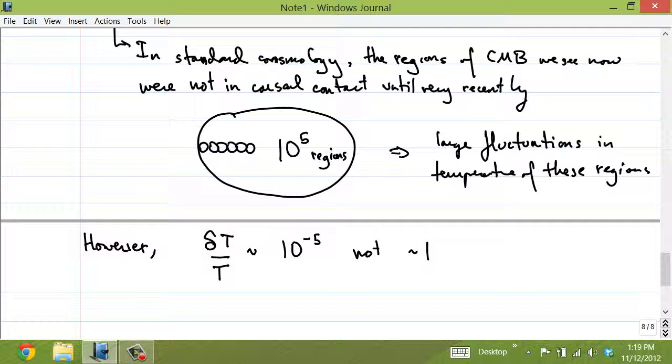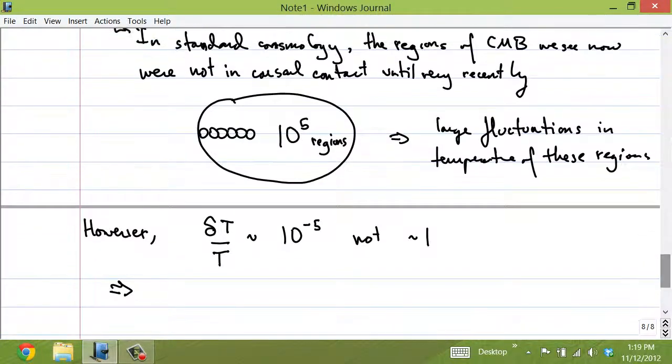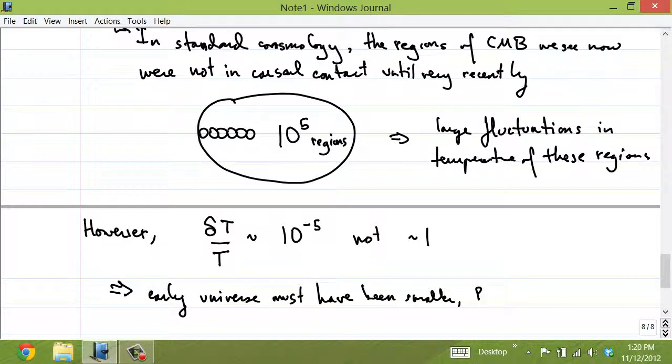So what does that mean? That means that these regions must have been in contact with one another. And in particular, that implies that the early universe must have been smaller and expanded more rapidly than we first thought.